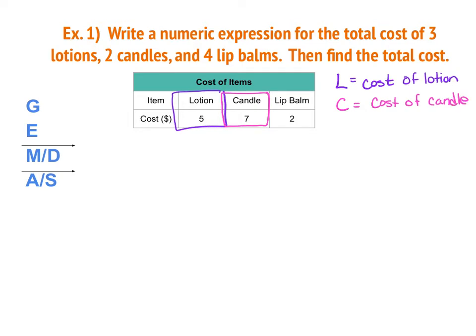And then the last one is my lip balm. And since I already used L, I can't use L, so I'm going to use B instead. So B equals the cost of lip balm.